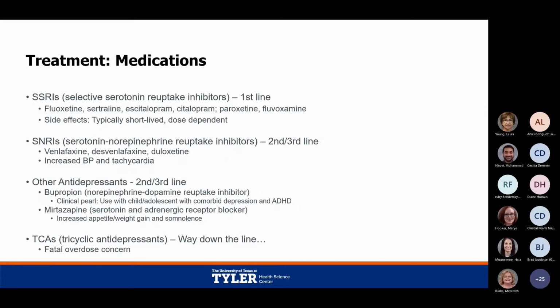But the concern for using TCAs in children and adolescents is that there may be an impulsive fatal overdose in this age group. And so that's why I usually avoid it in children and adolescents unless I absolutely have no other option.